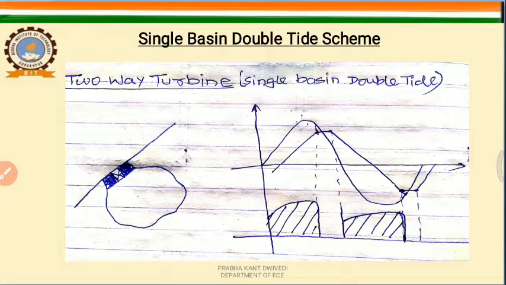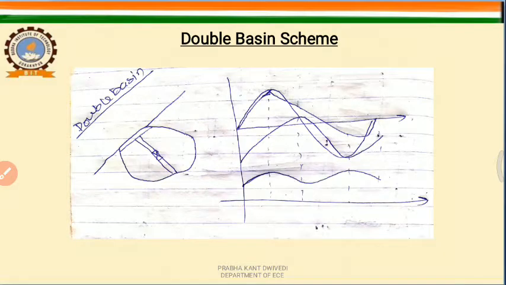It is interrupted in the two-way turbine for a very less amount of time, whereas in the one-way turbine it is interrupted for a longer duration. So for the continuous supply of the electricity, another scheme can be used, which is double basin system.